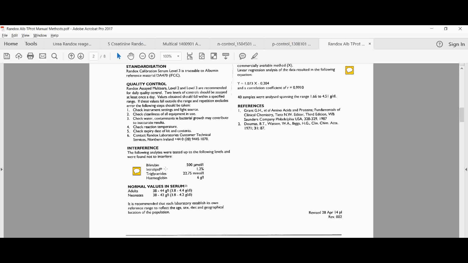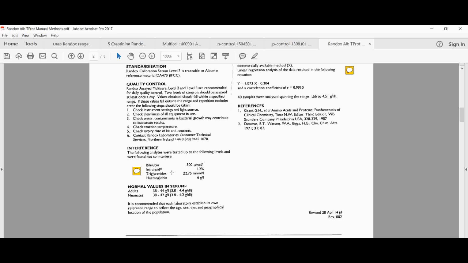Other things that they tested is intralipid. An intralipid solution is an intravenous solution that is given to patients, and they found that if patients receive 1.2% of this solution, it doesn't interfere with the method of albumin determination. And the same with triglycerides, 22.75 millimole per liter, which is quite high. The normal for triglycerides is about 1 millimole per liter.